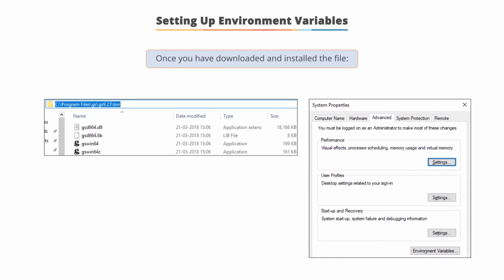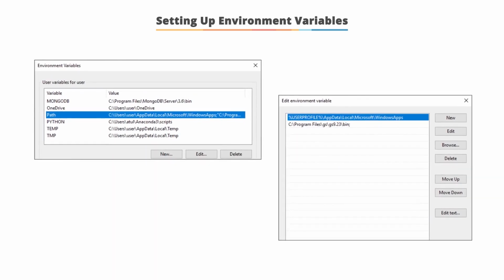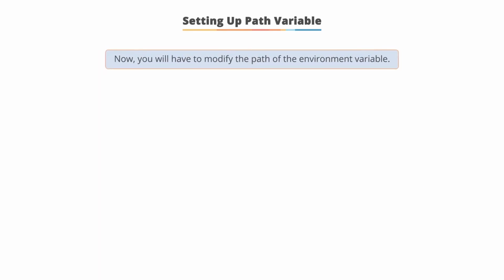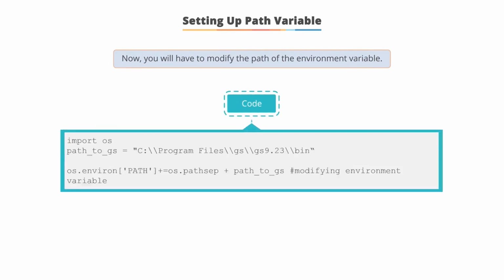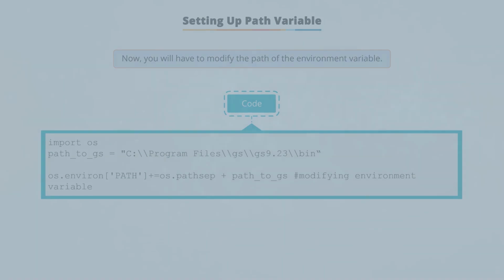Now go to System Properties, and under Advanced, you will find the Environment Variables button. Click on that to open the pop-up box of the environment. Now open the bin folder and add the path to the bin folder in your environment variables. Now you will have to modify the path of the environment variable. Use the given code to test the working of the syntax tree after the setup is successfully installed.